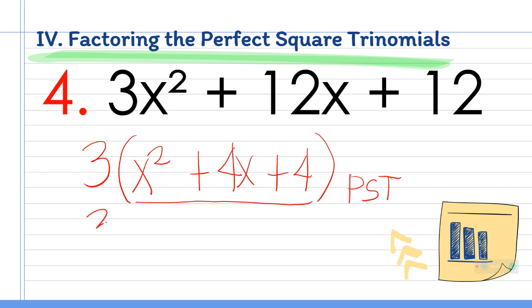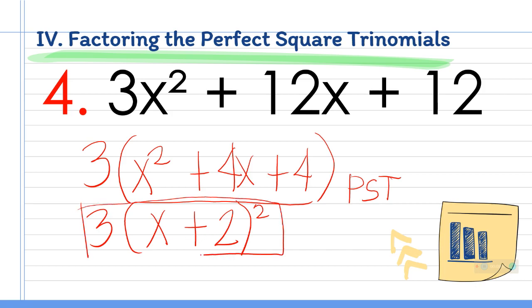So copy the GCF. And then we have here the square root of x squared is x. The square root of 4 is 2. Copy the sign of the middle term and close in parentheses and raise it to the second power.